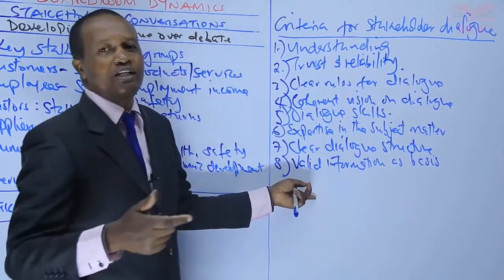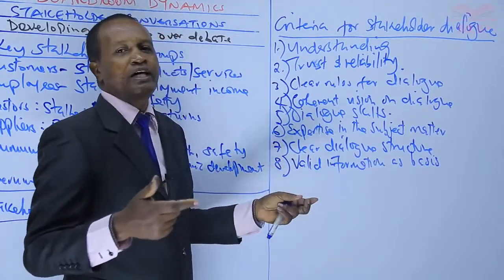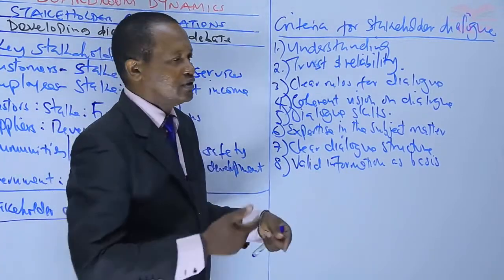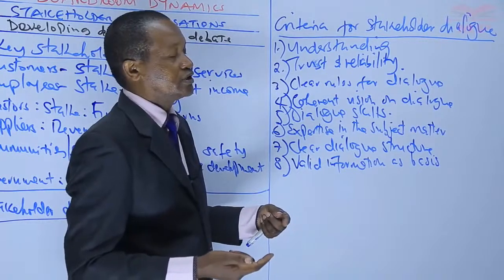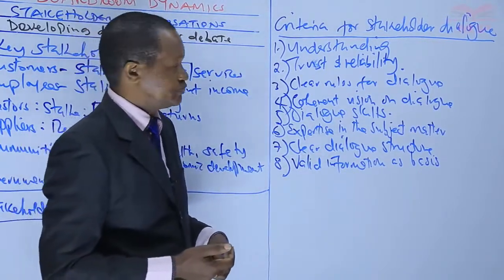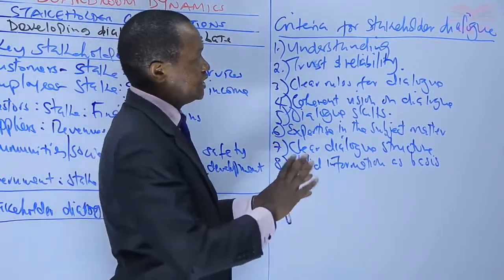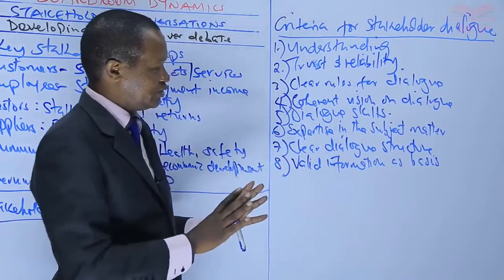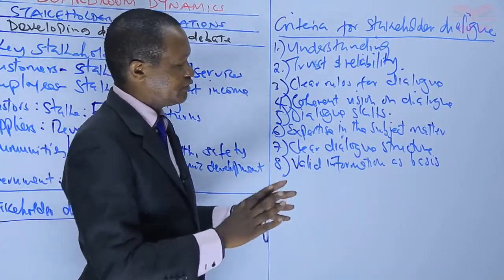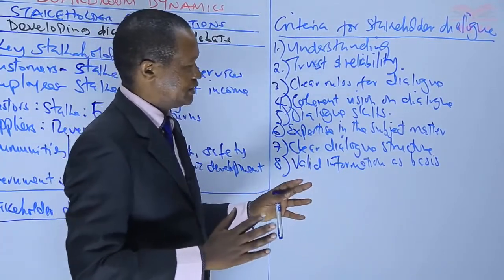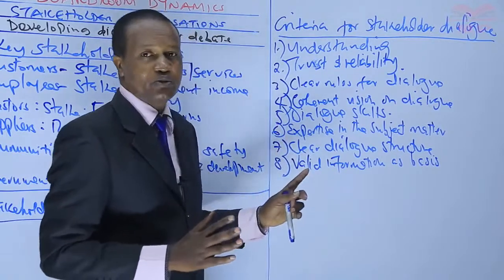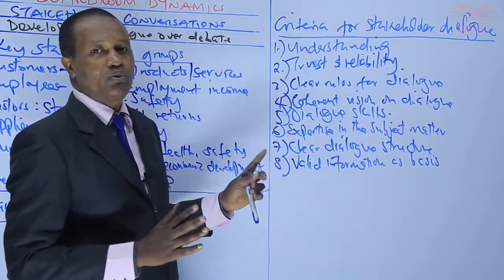It is also increasingly the practice that accountants verify, for example, sustainability reports and so on. So before engaging in a structured dialogue, it is important that the information that will be the subject matter is valid information. Why?